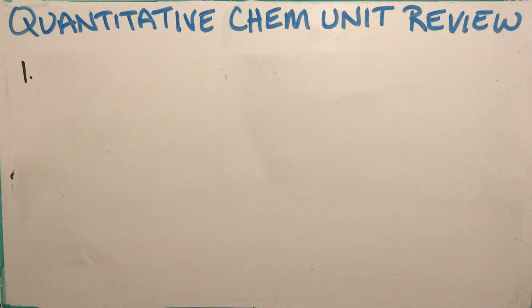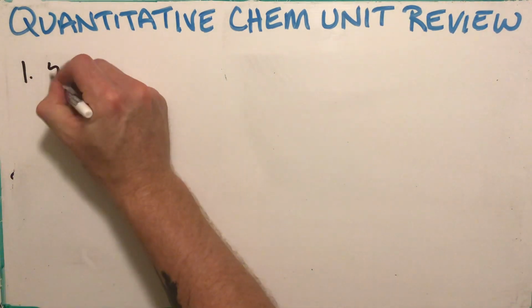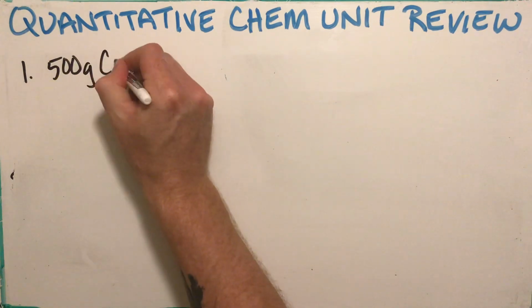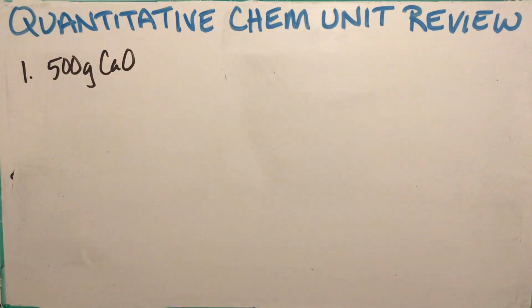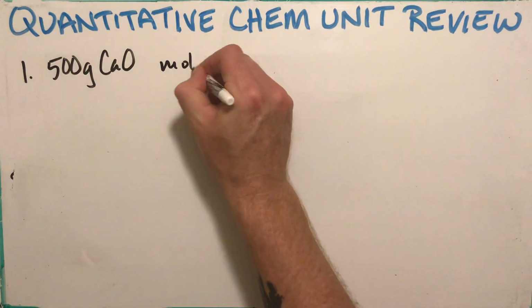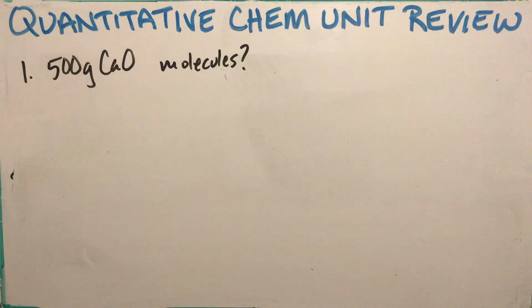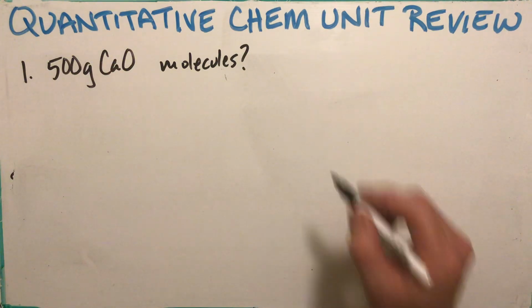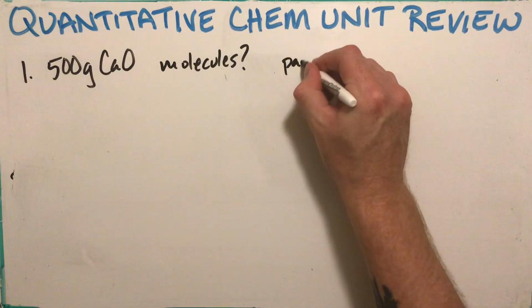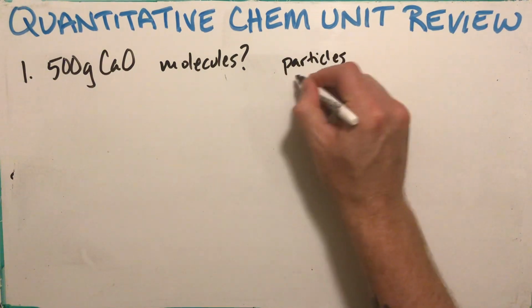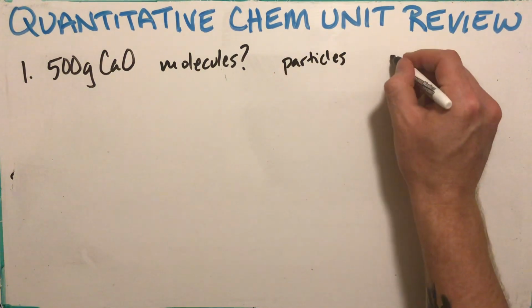In number one, basically said you had 500 grams of calcium oxide. And it was asking how many molecules of calcium oxide would you have. What you have to know for tomorrow is how to go from particles. Now remember, we don't ever use the word particles.